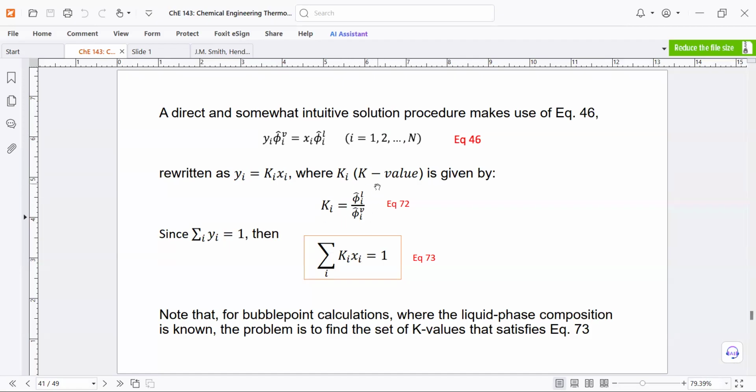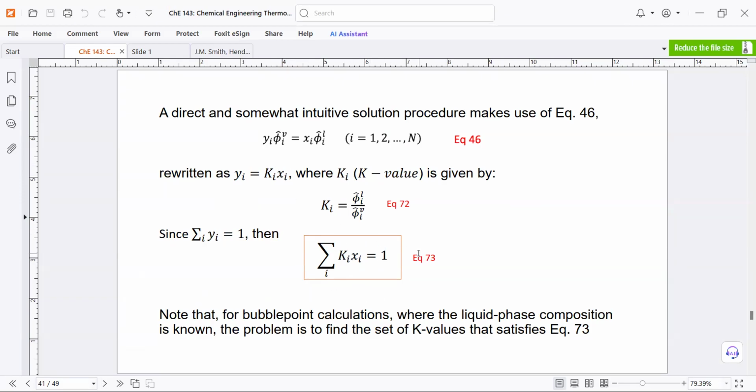And if we sum all of the species, this is the same as in lecture 6, the K value. If we sum all the species mole fraction in the vapor phase, that would equal 1. Therefore, if we take the sum of K sub i x sub i, that will also be equal to 1.